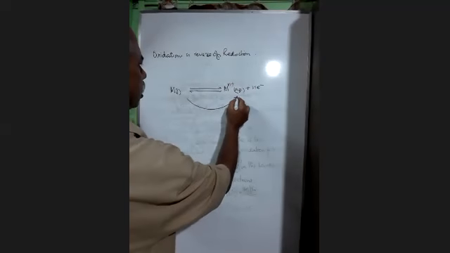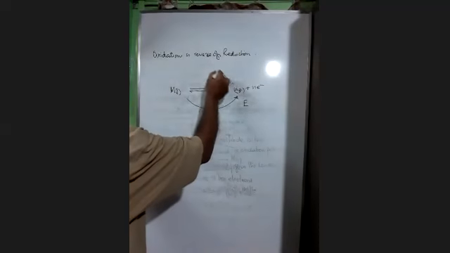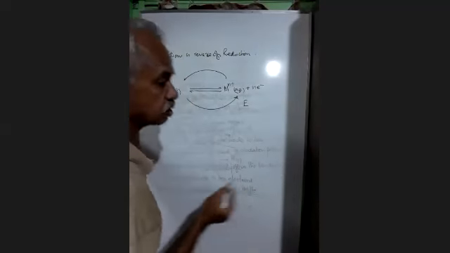When this is losing electron, say here the energy is E. And when it gains electron, because you have to force the electron to go, in that case what will happen?